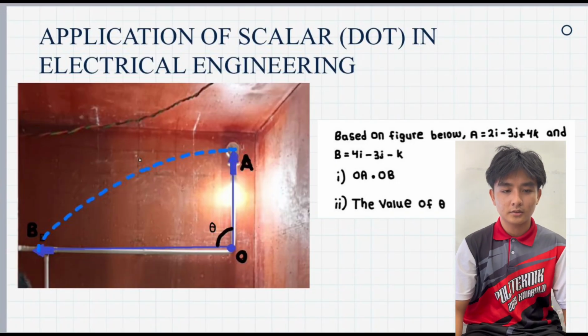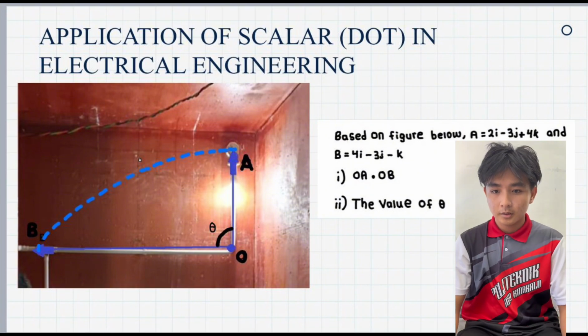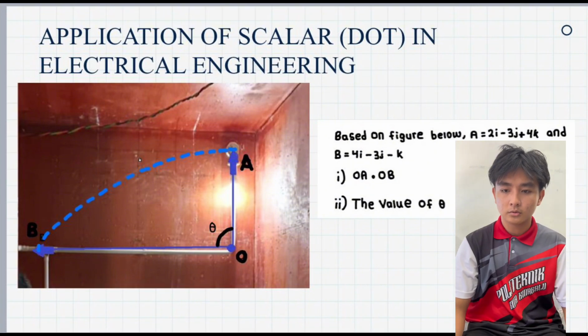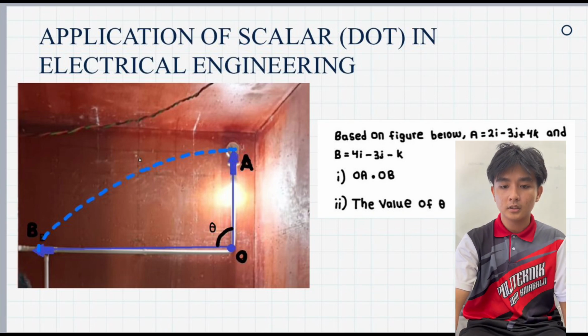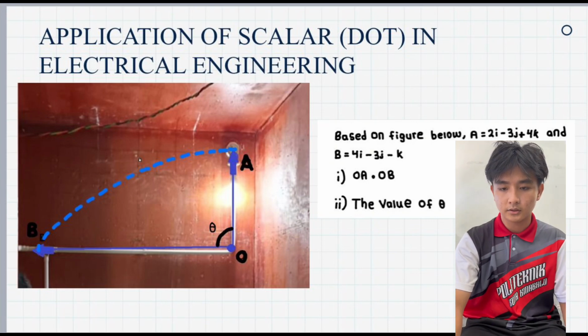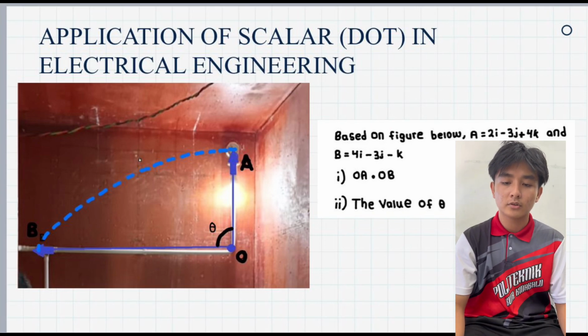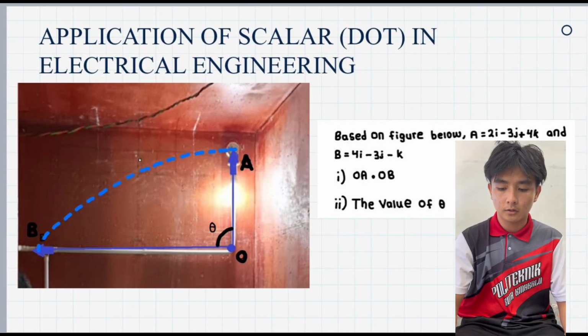So this is the application of scalar dot product in electrical engineering. Based on the figure below, given A equals 2i minus 3j plus 4k and B equals 4i minus 3j minus k, we need to find OA dot OB and the value of theta.